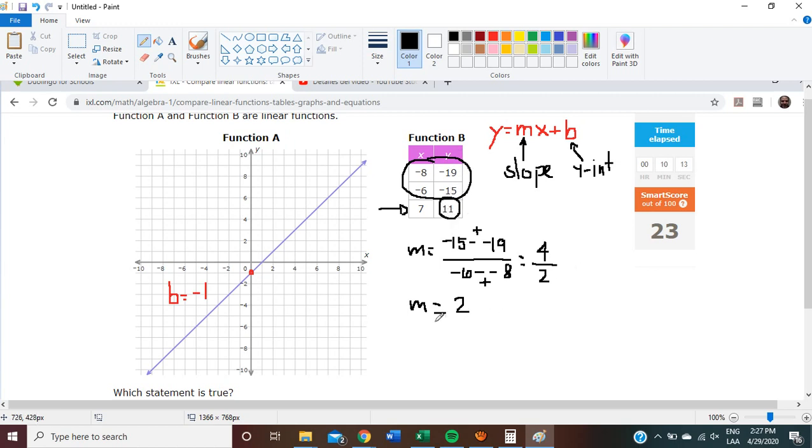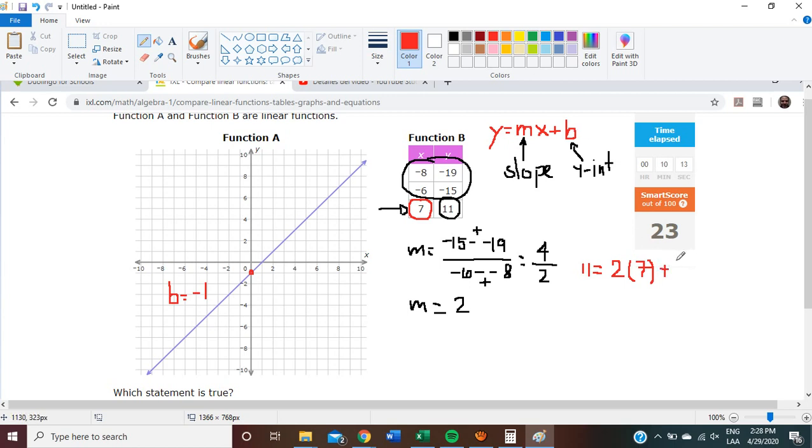11. So I am going to write, let me change color so I don't get confused, 11 equals m, or the slope. What is the slope? I know that it is 2, times x. How much is x in this row? X equals 7, plus b.